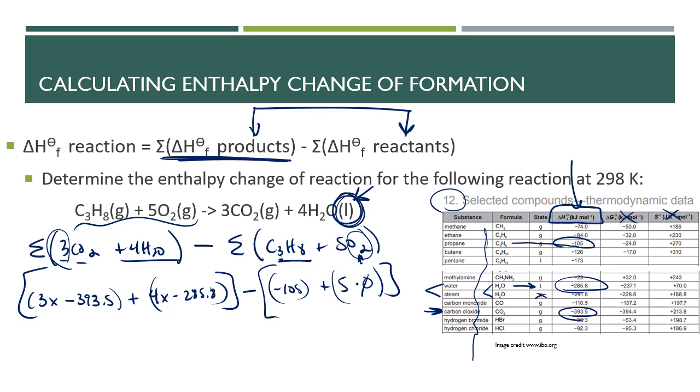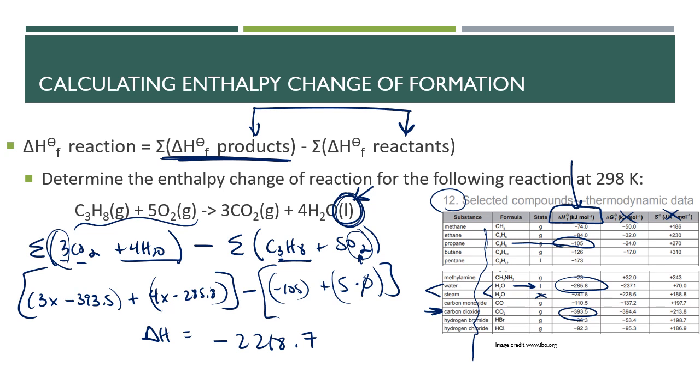So now, calculator time. We've got 3 times negative 393.5 plus 4 times negative 285.8, minus negative 105 plus 0, is going to give us a delta H of negative 2218.7.